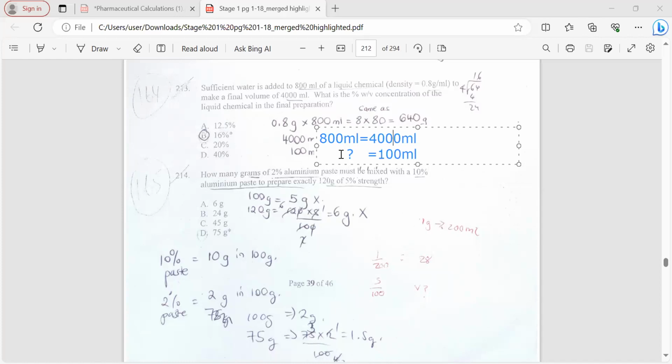So we need 20 ml. And the density we have been given is 0.8 grams per ml. So the weight of 20 ml is how much? 16. 16. Sweet 16.